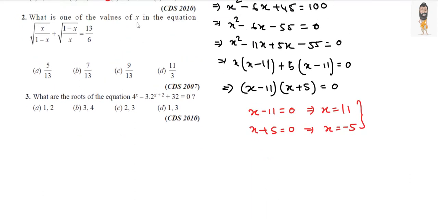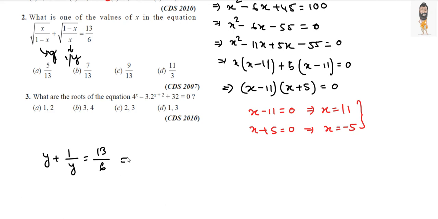Now the next question, which is very important. Question number 2: root over x upon 1 minus x plus root over 1 minus x upon x equals 13 by 6. If I consider the first value as y, then the second value is 1 upon y. So we can write y plus 1 upon y equals 13 upon 6.